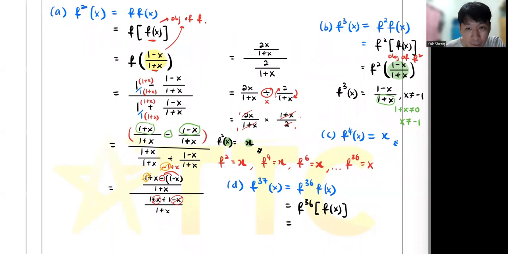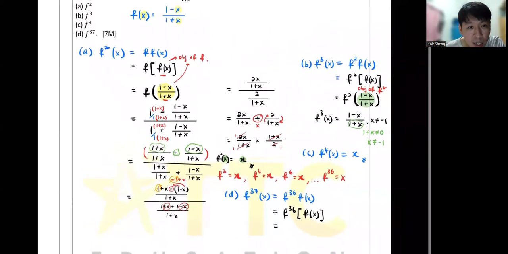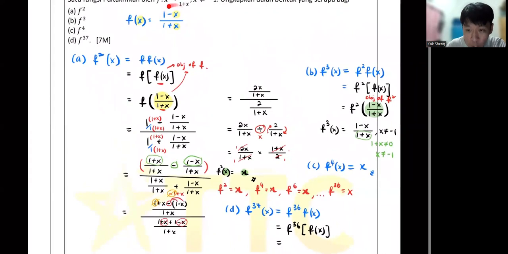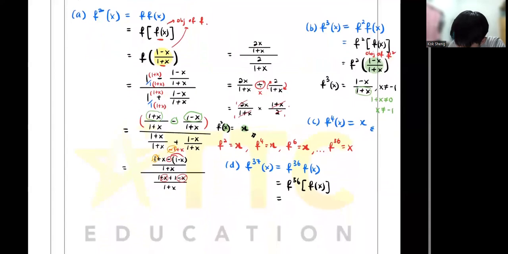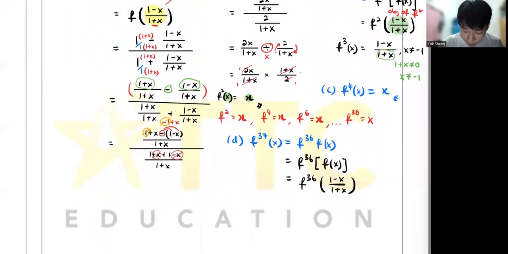Okay, F36 and then Fx, just now, on top of this one, the Fx. This is the object. 1 minus x, 1 plus x. Okay, last step. This is the object for F36.